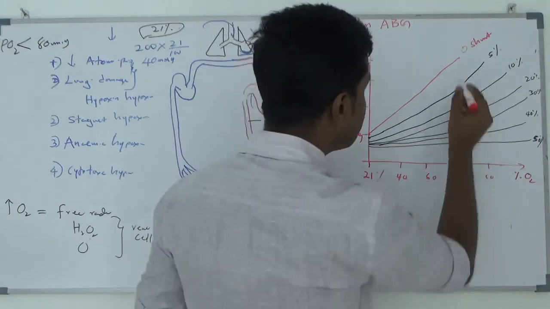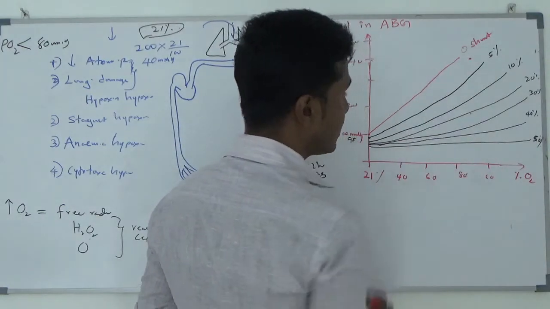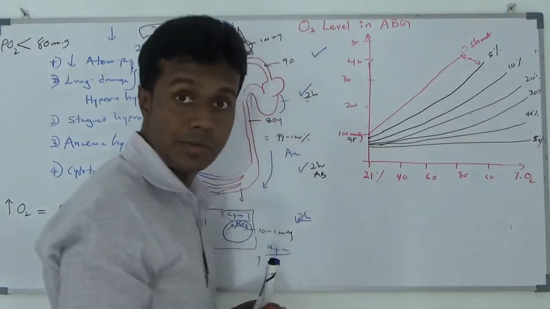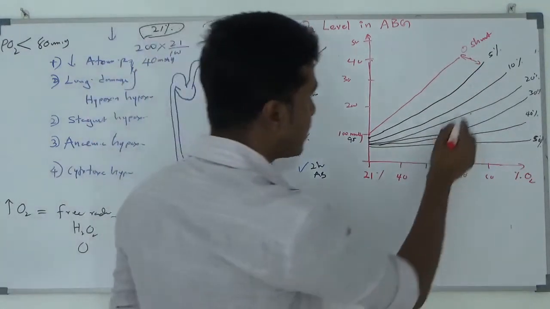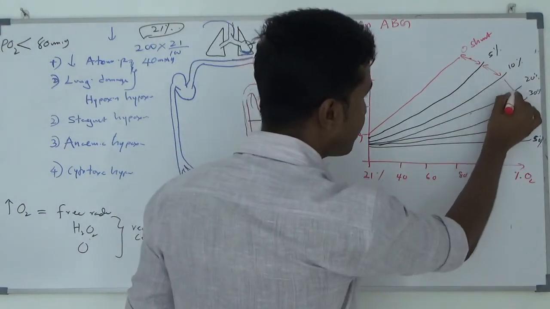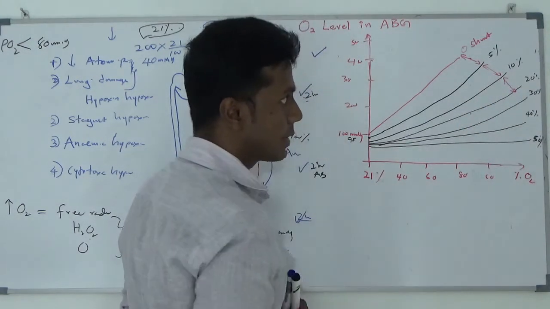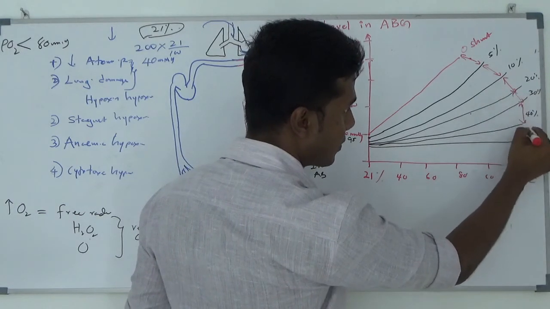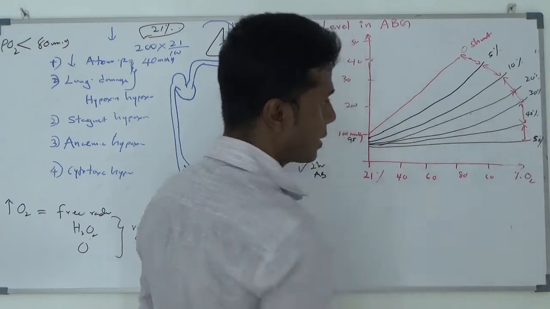If you find a patient here, this patient has 0 to 5% shunt. This patient has 5-10% shunt. This one has 10 to 20% shunt, 20 to 30% shunt, 30 to 40% shunt, 40 to 50% shunt.